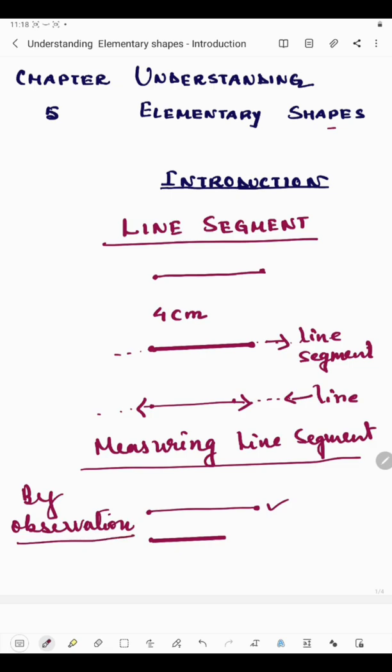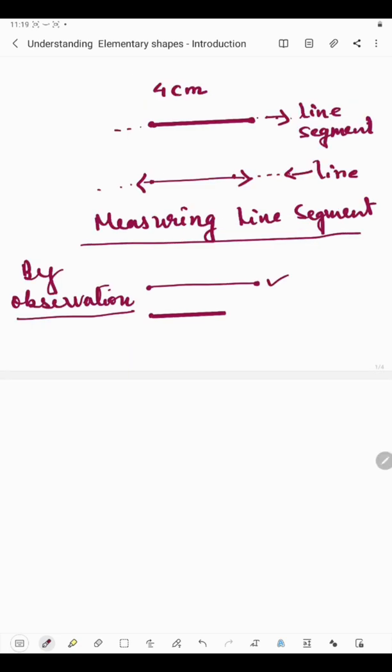By observation means by just looking at them we can identify which one is larger. But we cannot always be sure of the exact measurement. If we draw the line segments like this, can you decide which line segment is larger? So the method depends upon the accuracy.